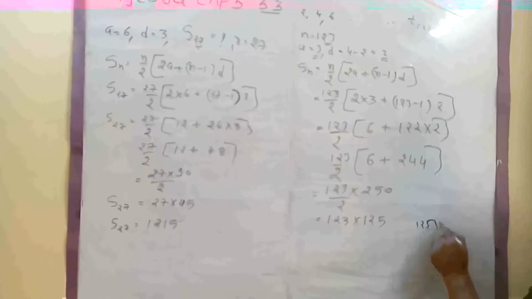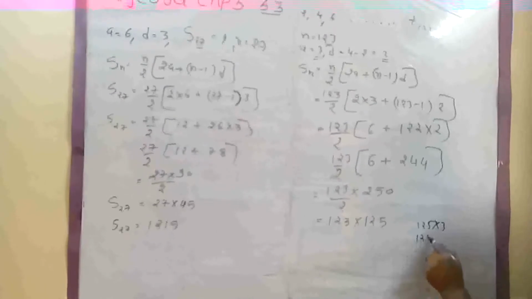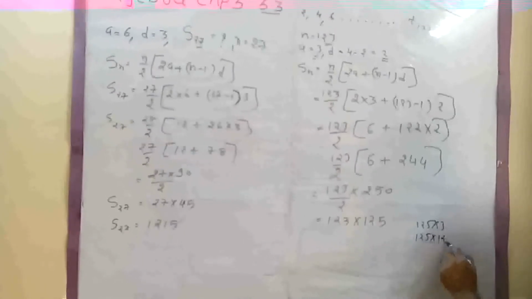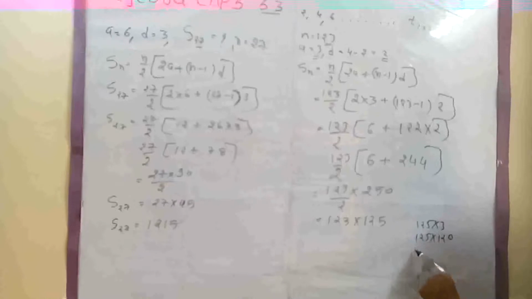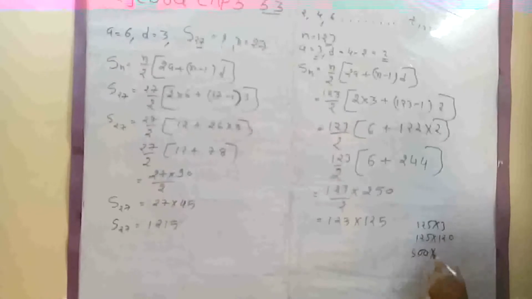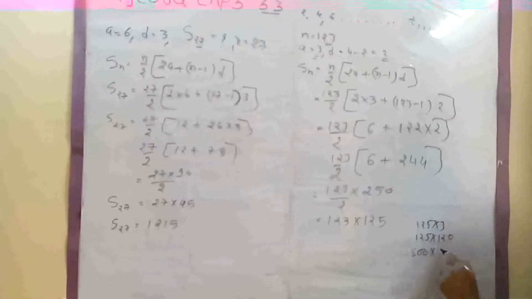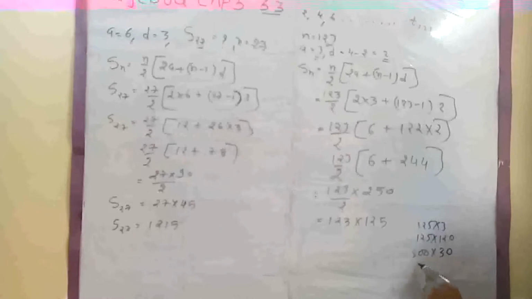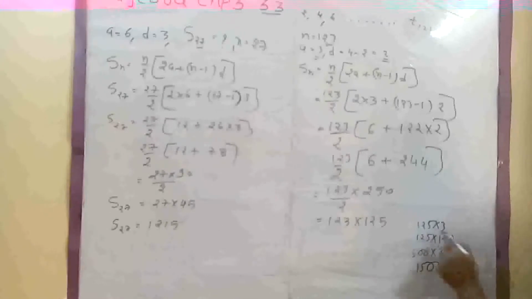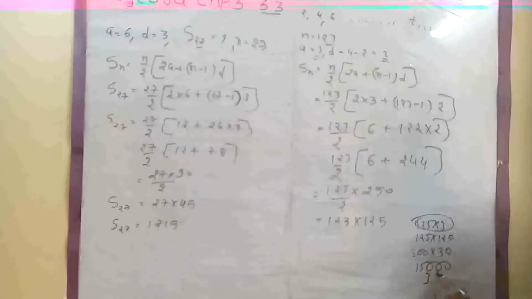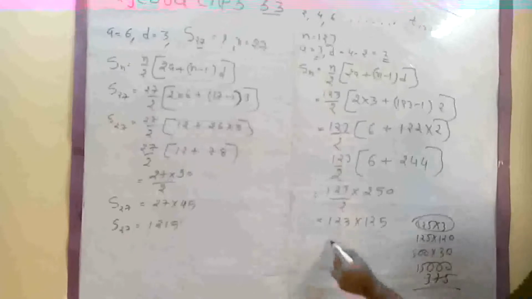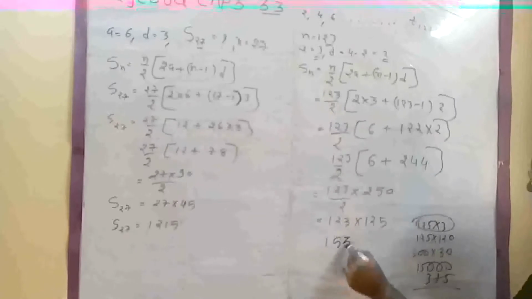So 125 into 3, 125 into 120 separately, so 15000 and 375, so it is 15375.